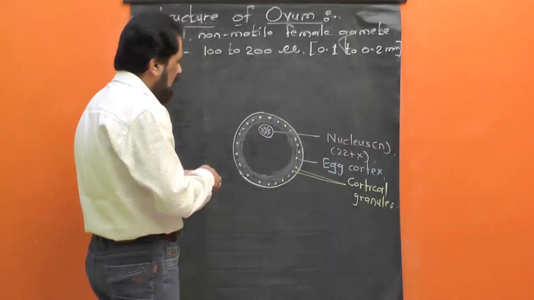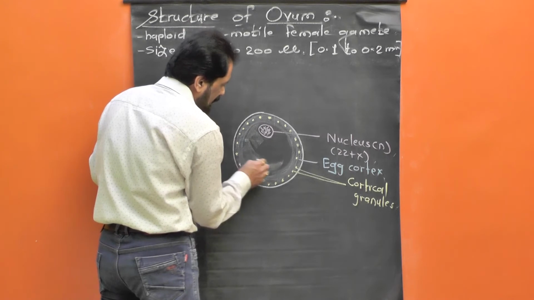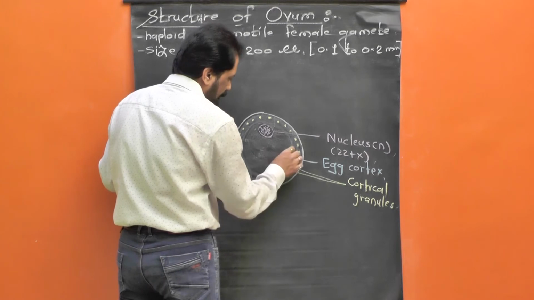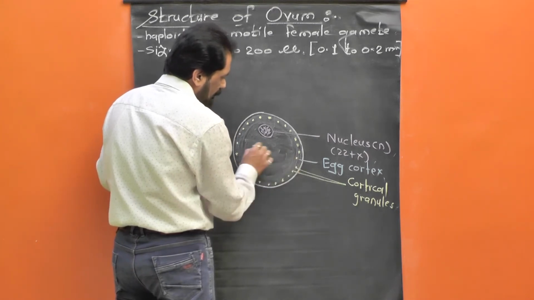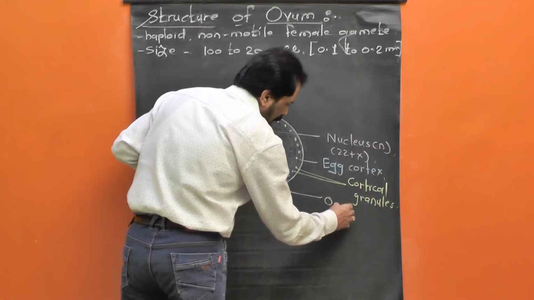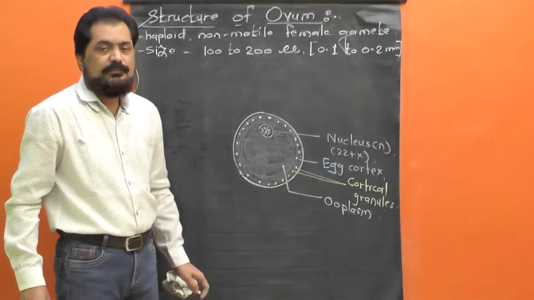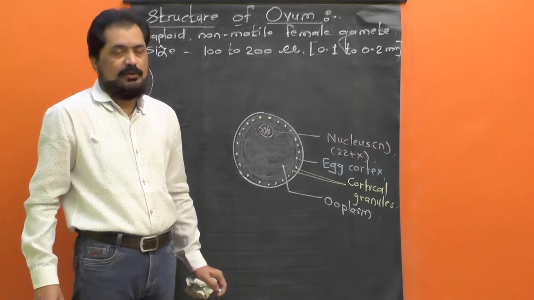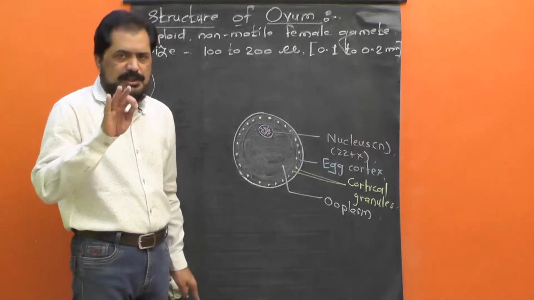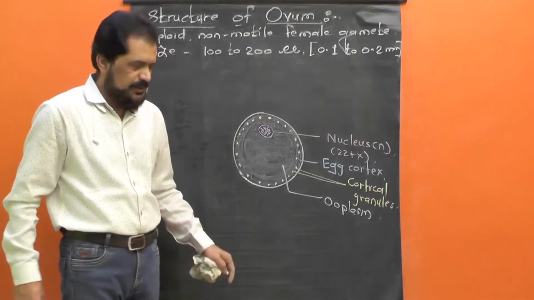While inner cytoplasm is comparatively thin and known as ooplasm. Look here, with the help of a slightly faint white shade, I am going to show this is ooplasm. This ooplasm contains different cell organelles except centrioles. In mature ovum, the centrioles are absent and other cell organelles are found in this ooplasm.